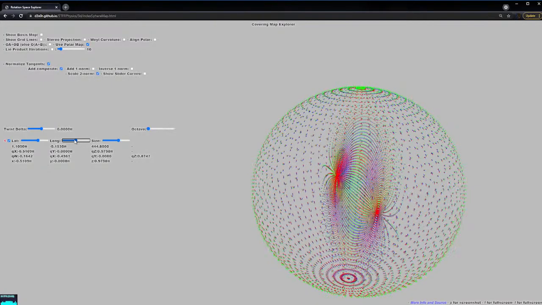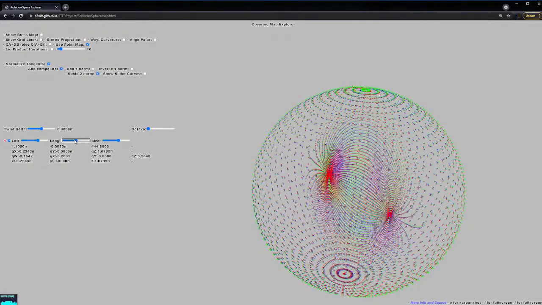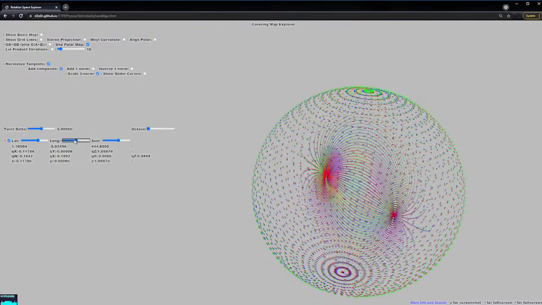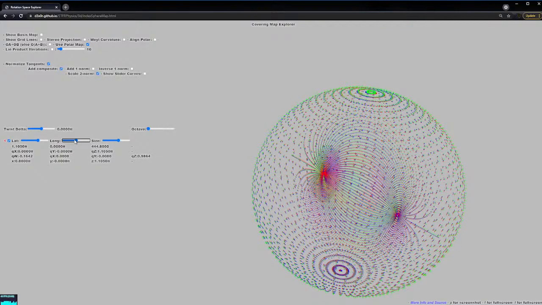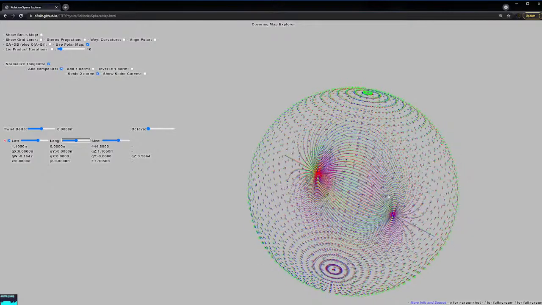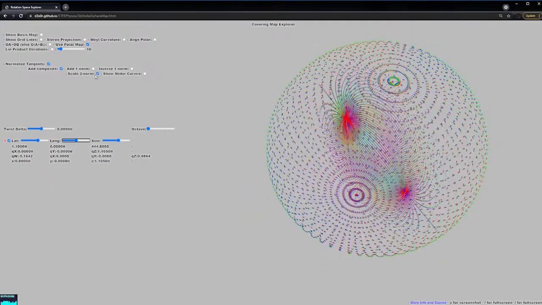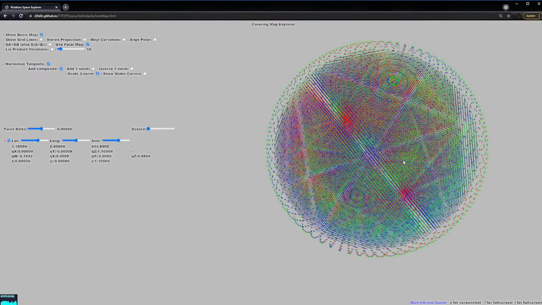But only at 0. Well, probably at others, but this is the basis map. That's the full 2 pi of rotation space.